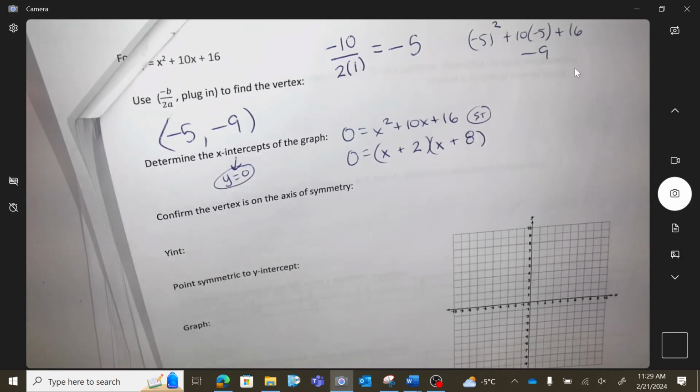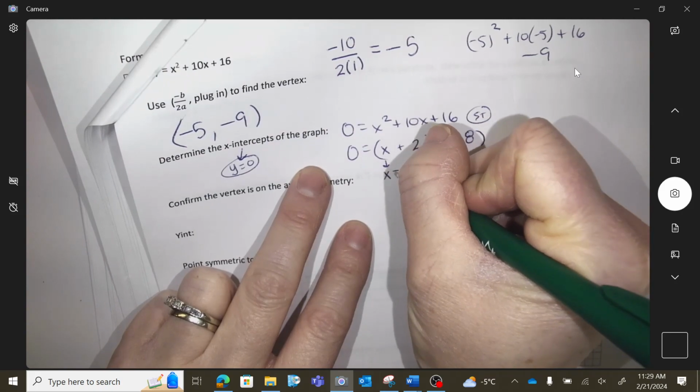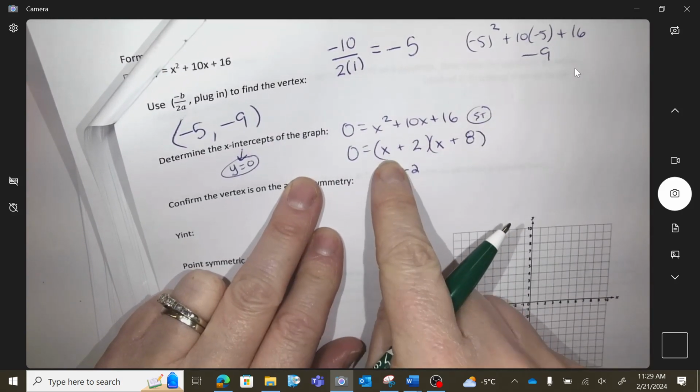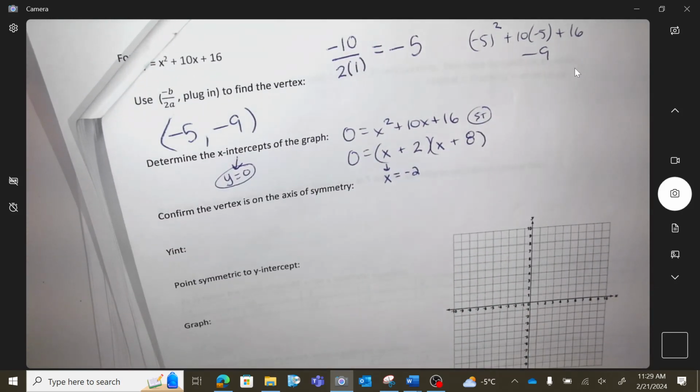So what's the purpose of this? You're trying to figure out x values that cause a 0. So in this bracket, if x was -2, there'd be a 0 there.